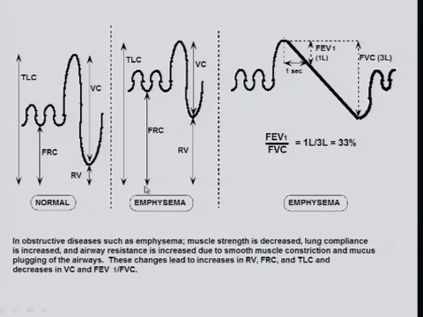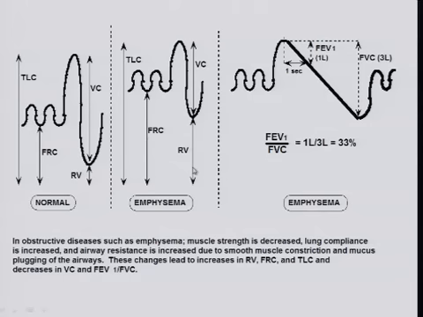Now, if you have emphysema, this is what it looks like. So already you can tell just from these volumes that our FRC is dramatically increased. Okay, as we mentioned, anything that has a restrictive airway during exhalation causes premature closure of that airway, therefore trapping more air in your lungs.